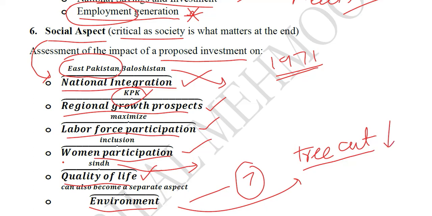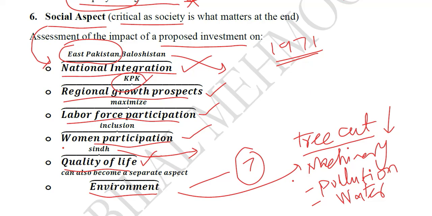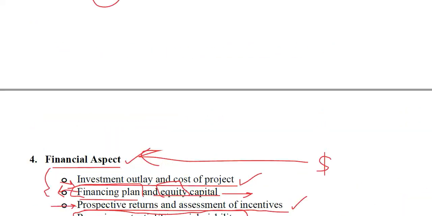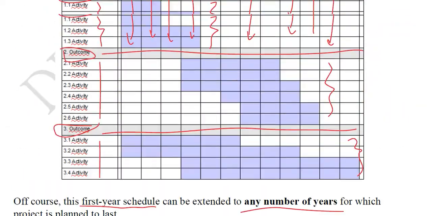Due to the machinery that is being used, they can produce pollution, so the pollution can be there. This should be considered. Water, if it is getting polluted, this is another problem. So there can be environmental repercussions of a project, and these should also be considered in order to perform a wholesome analysis.